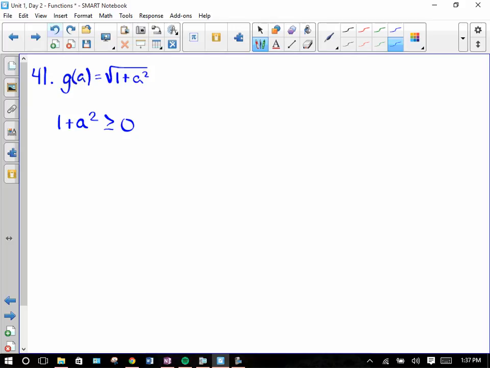Now I need to get the a squared on one side by itself, so I'm going to take this 1 and move it over to the other side. Now there's an issue here. Now it's saying that a squared is greater than or equal to negative 1.